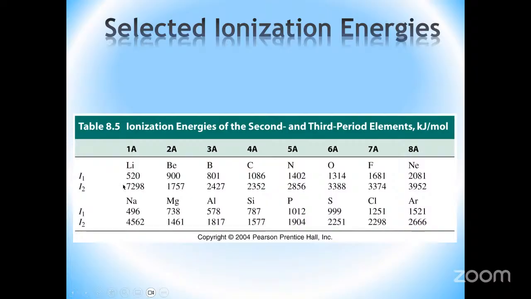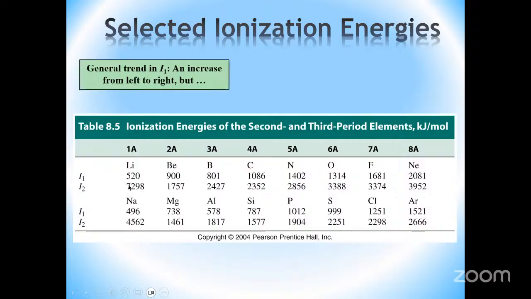If you look at the trend going from lithium to beryllium, there's an increase, 520 to 900, right? And then there's a slight drop going from beryllium to boron, from 900 to 801, all right?